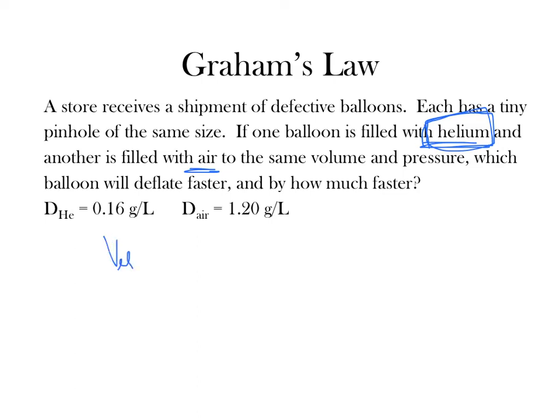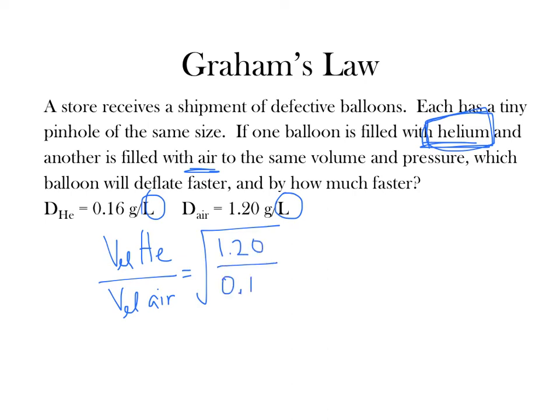So if I'm going to compare the velocity of helium to the velocity of air, I need the inverse of the square root of their masses. Now, notice this time they're both in 1 liter. So all I have to do is look at the grams. I can directly compare the grams. That's the grams of air on top and the grams of helium on the bottom. So the square root of 1.2 over 0.16, square root of 7.5, which is equal to 2.74.